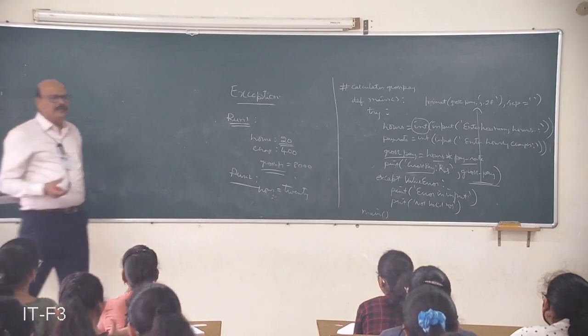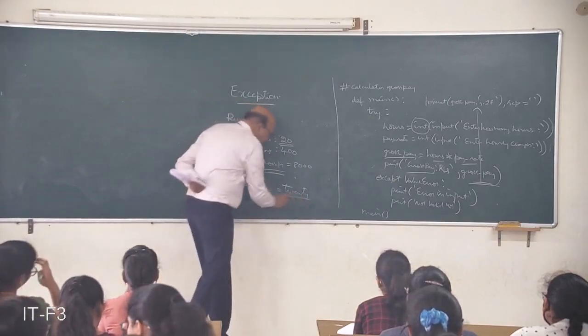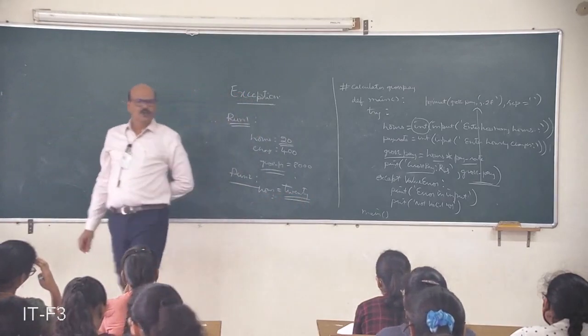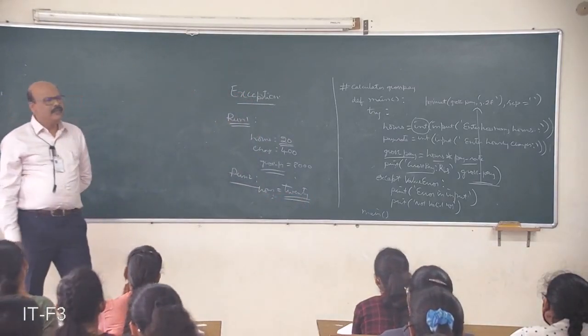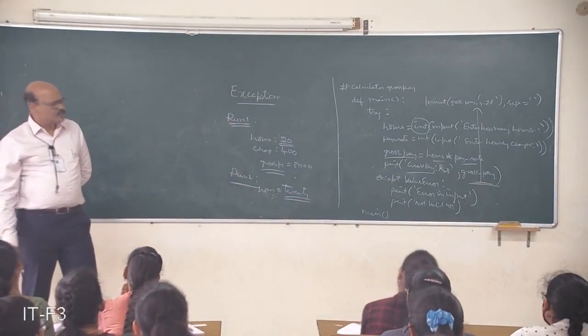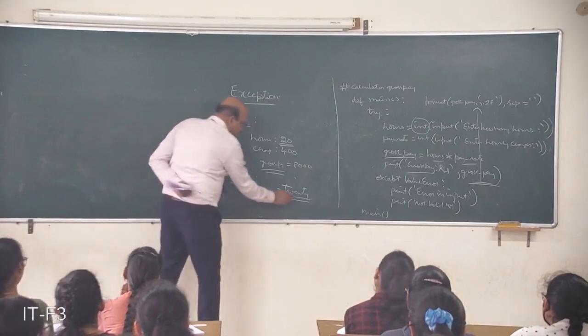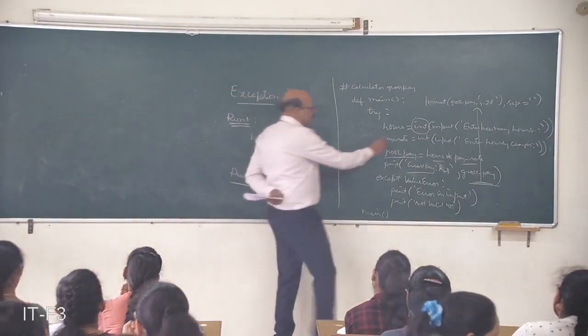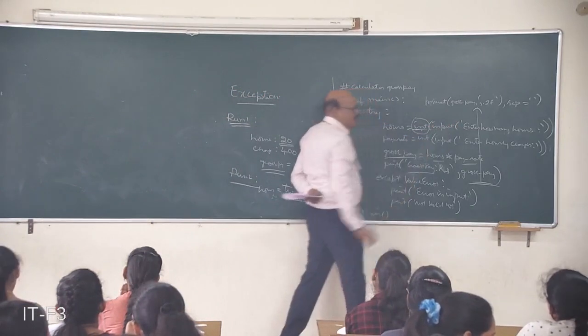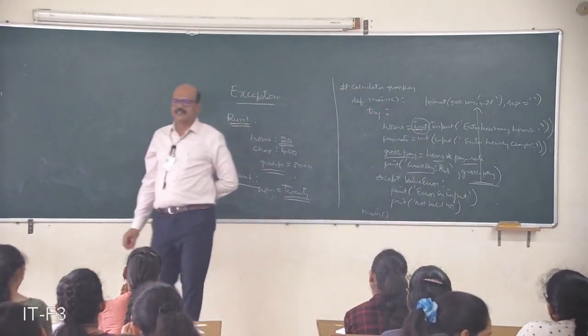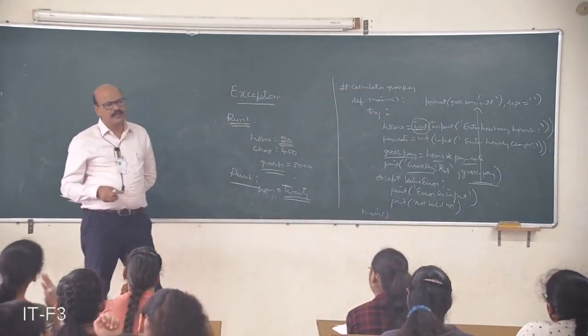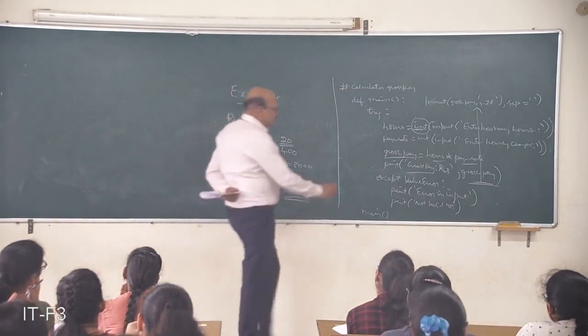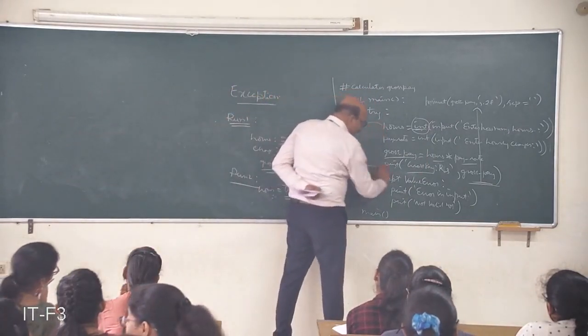Then only will it retrieve the numerical value. But here, there is no numerical value, it consists of only a set of characters. So when you give this string as input, it cannot retrieve a numerical value. So it raises an exception known as value error.